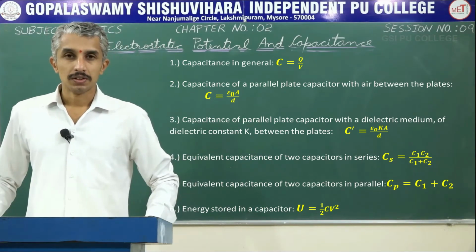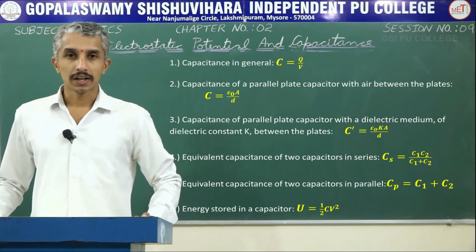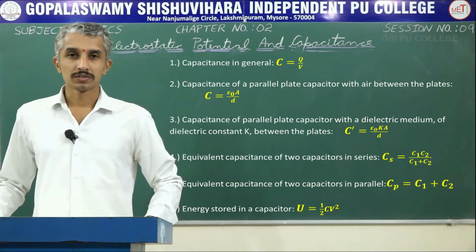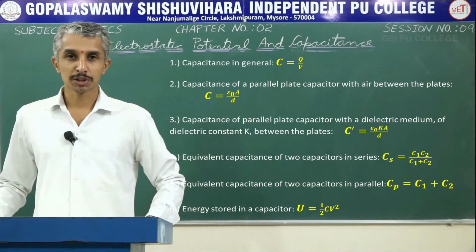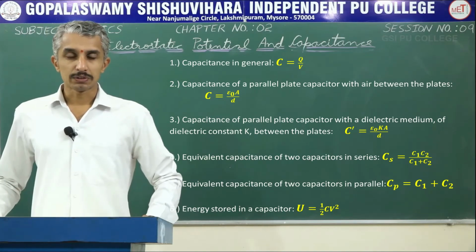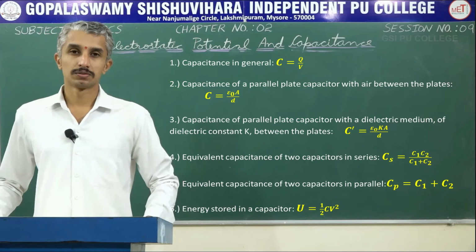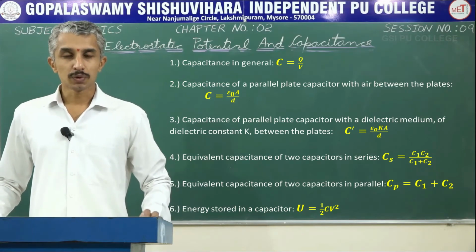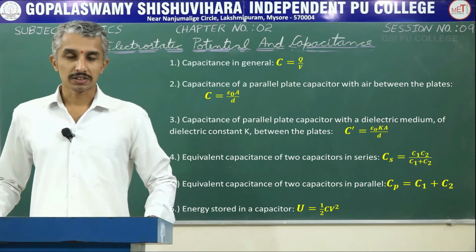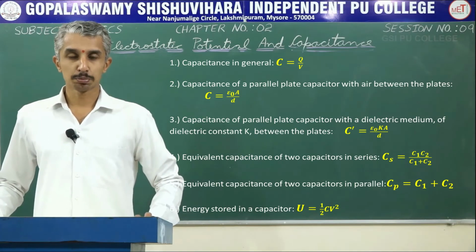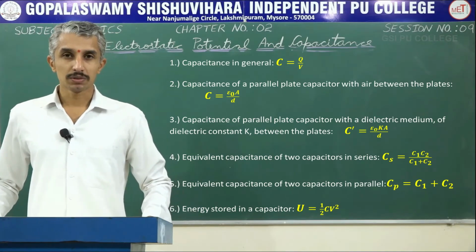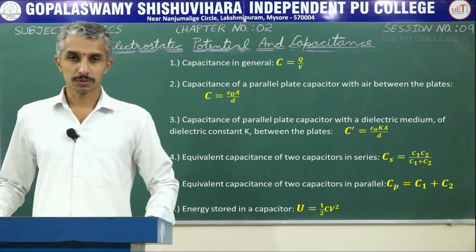Then, when two capacitors are connected in series, the equivalent capacitance, you may note down as C subscript S, will be equal to C1 into C2 divided by C1 plus C2. And for the same two capacitors, if they are connected in parallel, then the equivalent capacitance, C subscript P, will be equal to C1 plus C2.